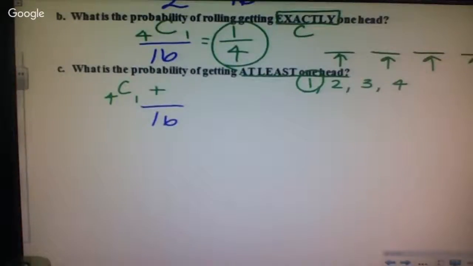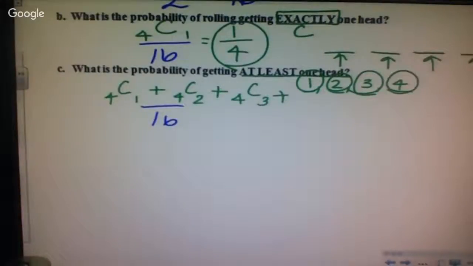Or I want 2 heads, 4C2. Or I want 3 heads, 4C3. Or I want 4 heads, 4C4. So you would have to add up all those combinations together, then divide it by 16.